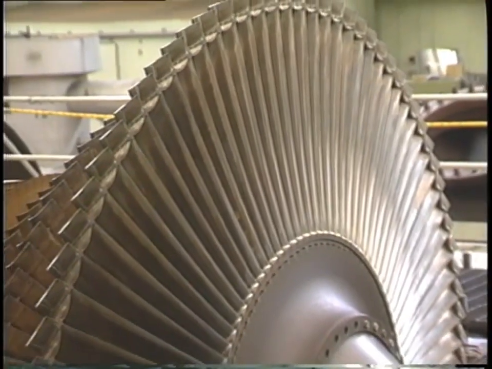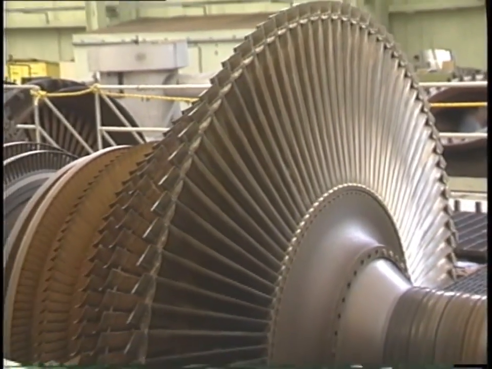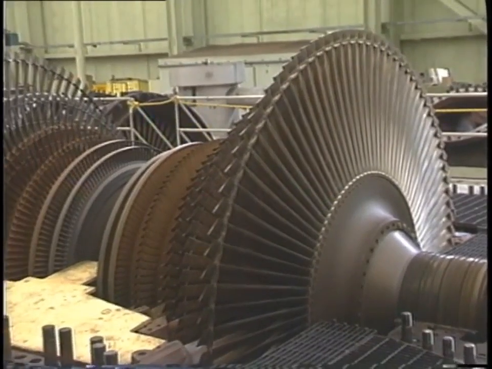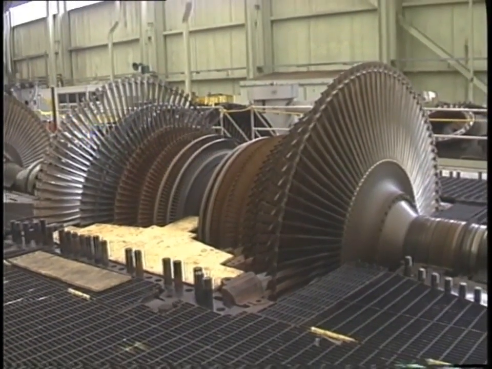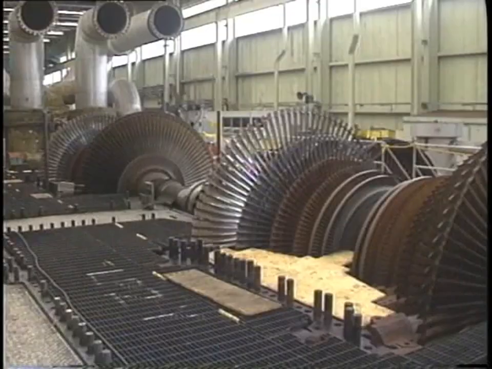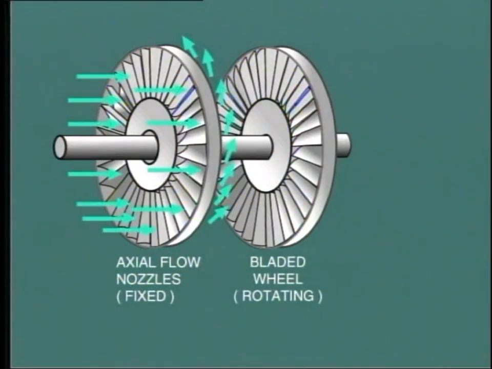Well, the simple answer is that the turbine blades are designed to take advantage of the decrease in steam pressure and consequent increase in steam velocity. As we know, the heart of the turbine, the bit that makes it work, is the relationship between the fixed and moving blades. The fixed blades guide the steam onto the moving blades.